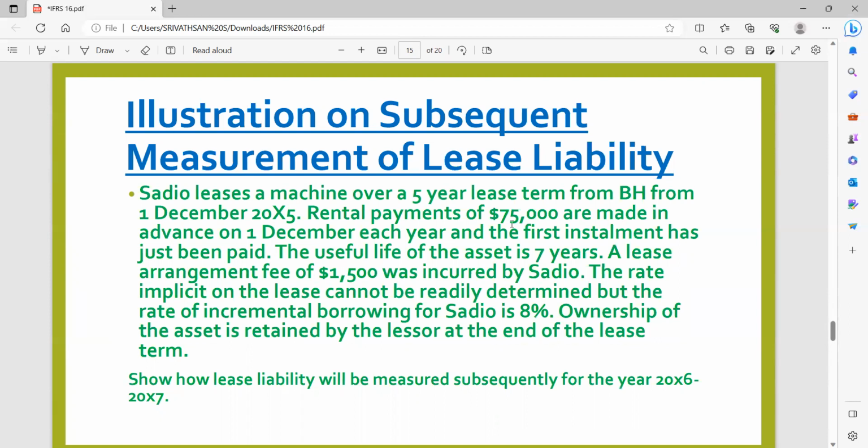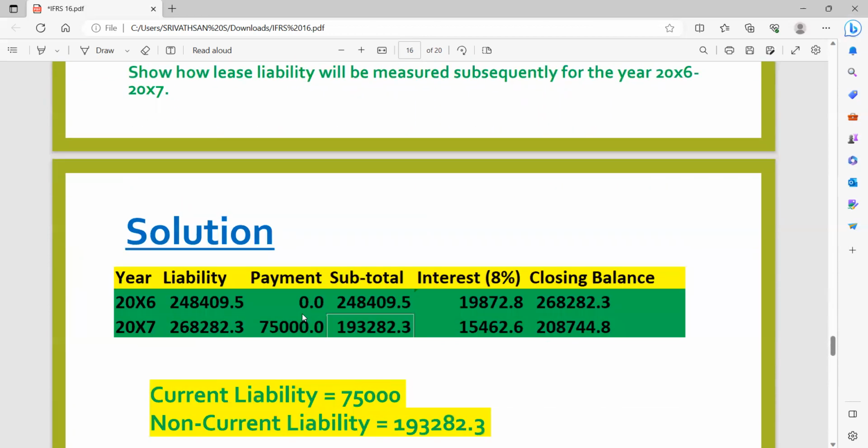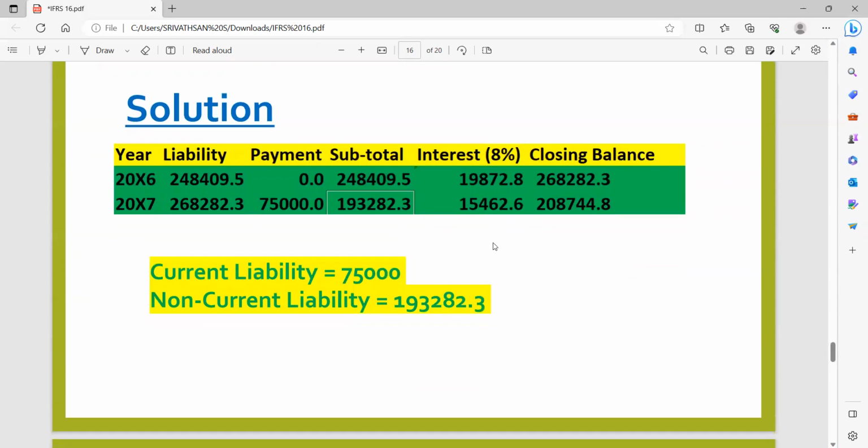That payment is for the year 16 to 17, and you need to reduce your lease liability by this 75,000, and you get a subtotal of 193,282.3. You need to charge 8% interest on this amount now, as this is the carrying value of your lease liability. Then you add these two to get the closing balance of the second year.